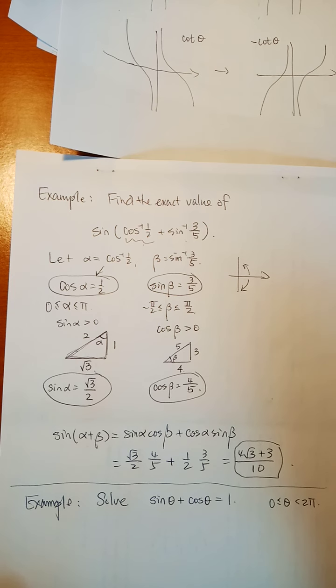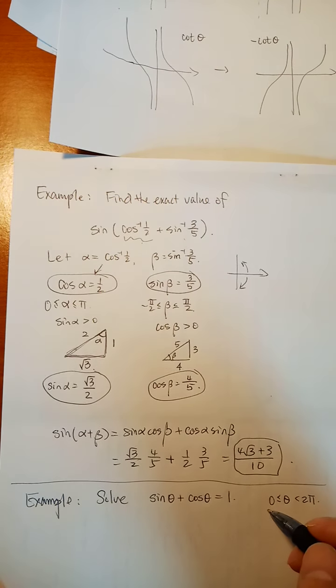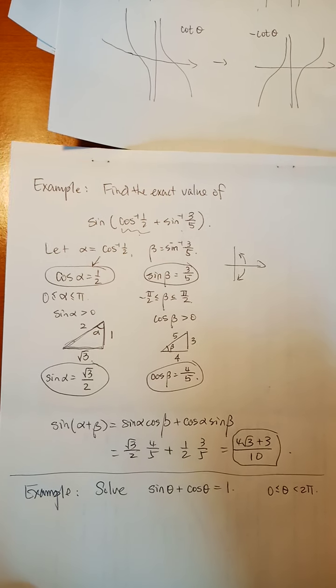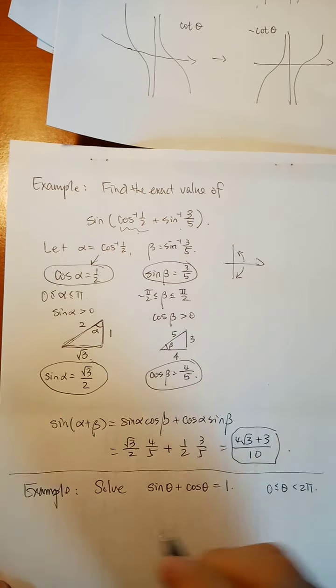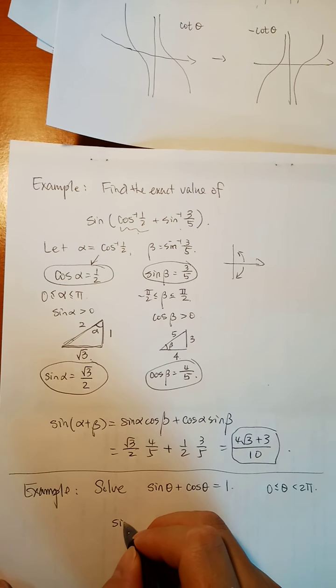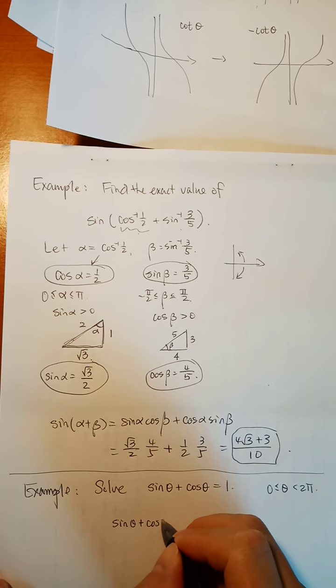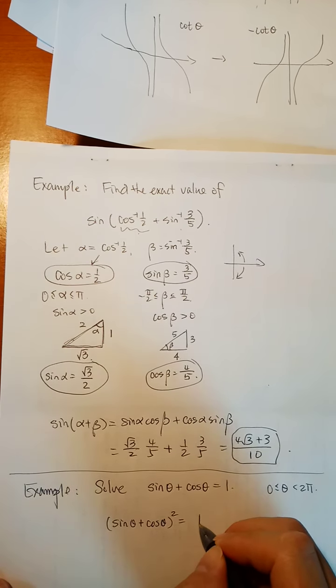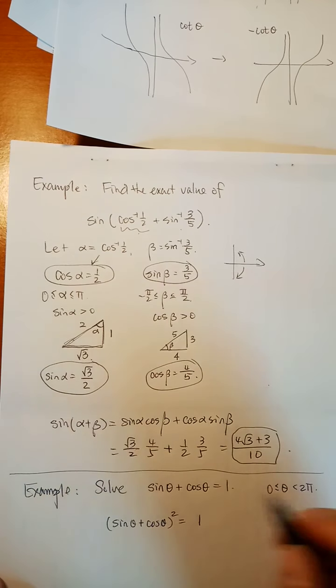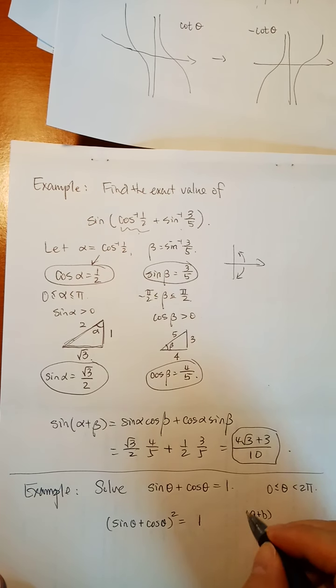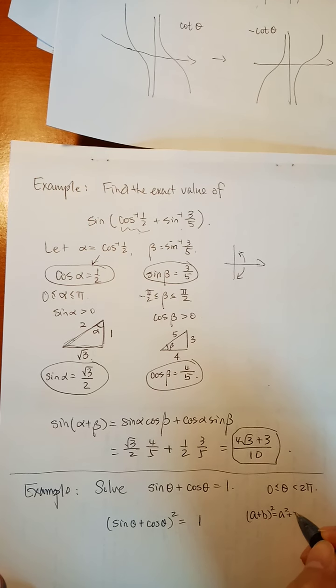Okay, so since it has no square, let's square it, because we need a square in order to have 1. That's all we have so far. So we square two sides. We get sine theta plus cosine theta squared is equal to 1 squared. And this part, a plus b squared, is a squared plus 2ab plus b squared.